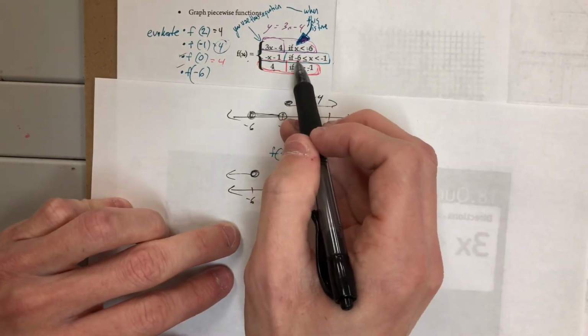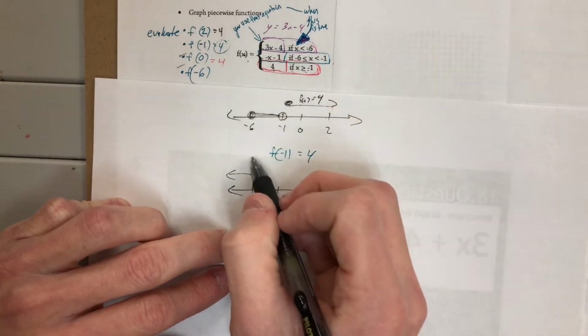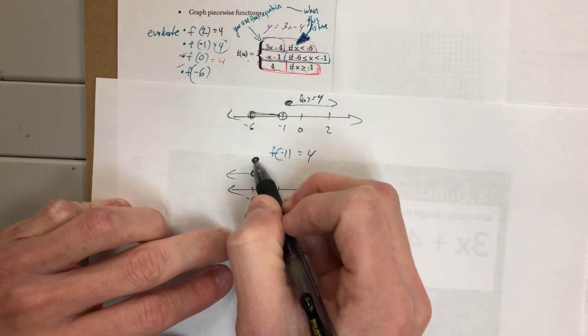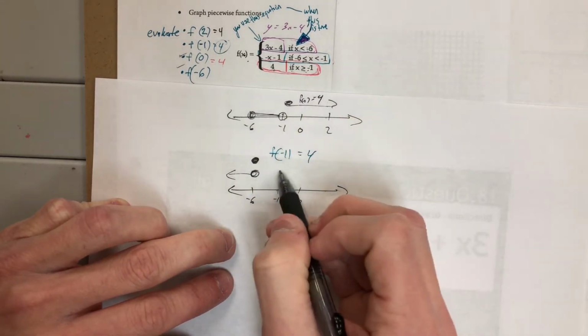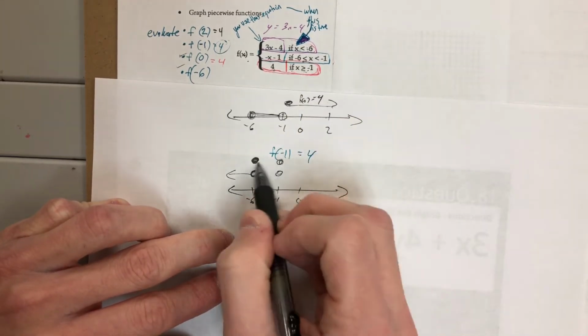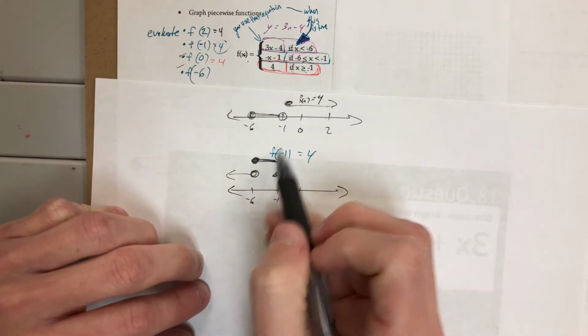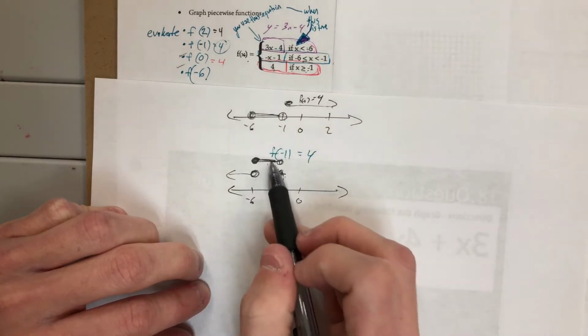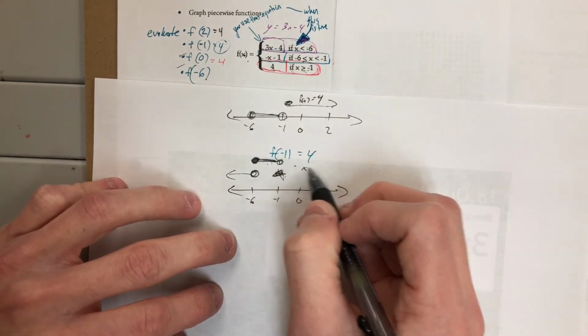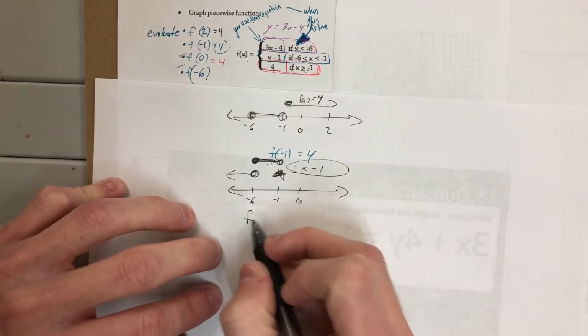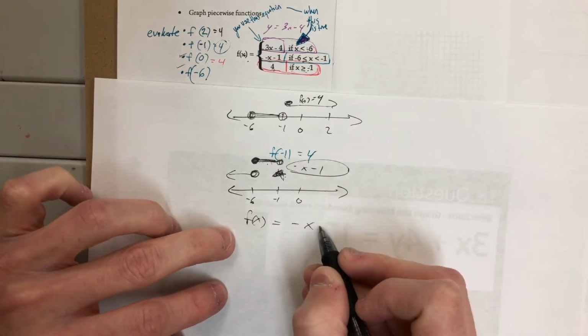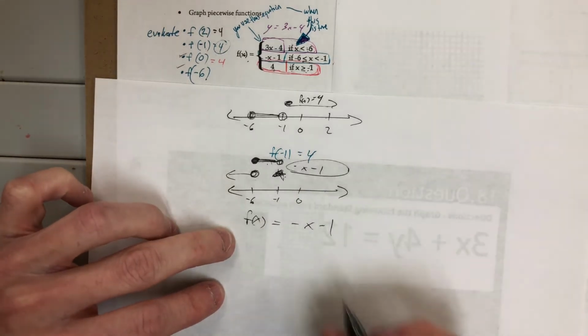This one says negative 6 is included, so it'd be a closed circle, through negative 1, and it's an empty circle. So it's definitely going to fall in between this one, which is negative x minus 1. So you should have used f of x equals negative x minus 1.